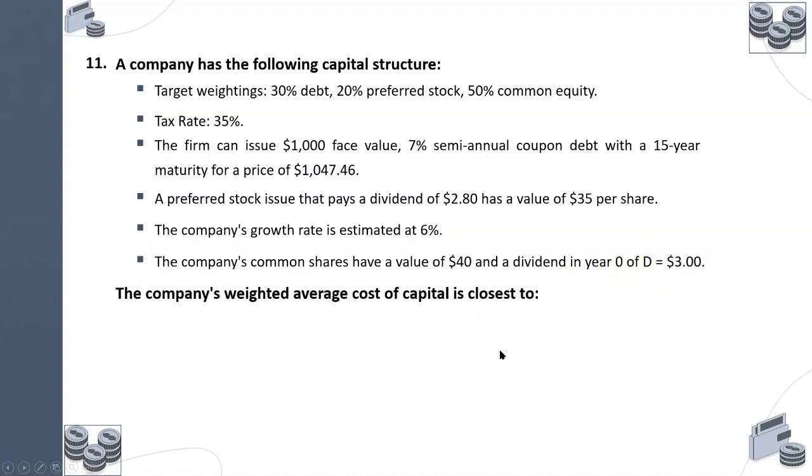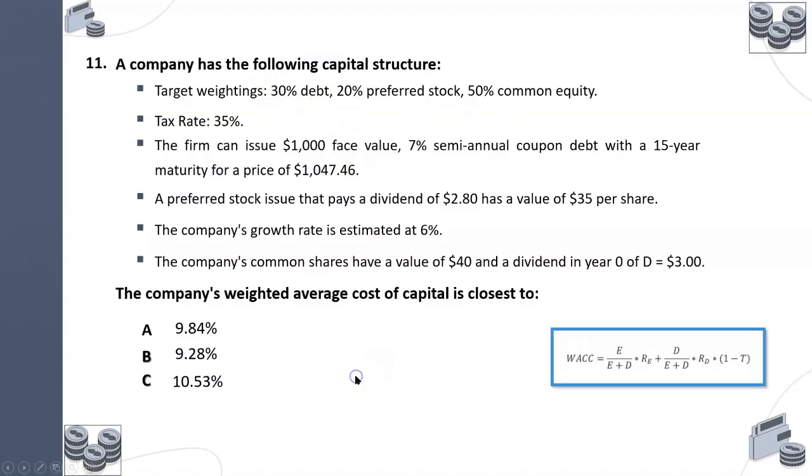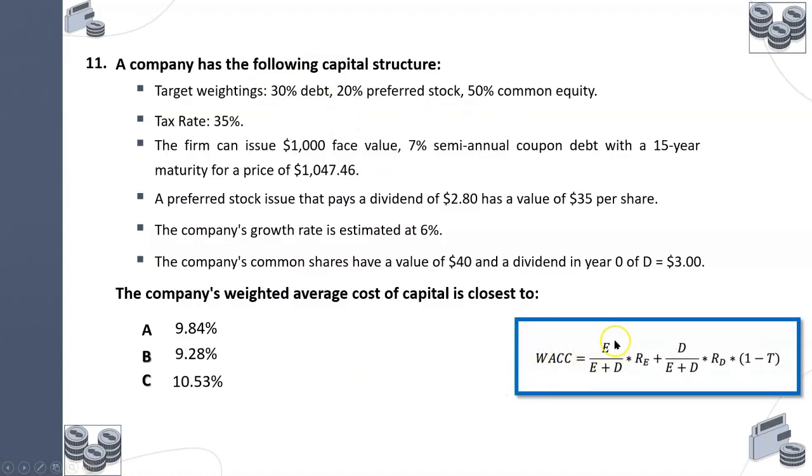So the question is definitely about the weighted average cost of capital, and these are the given answers. So how to calculate the weighted average cost of capital? As I just mentioned, we multiply the weight by the cost of each component. Let's bring in the formula.